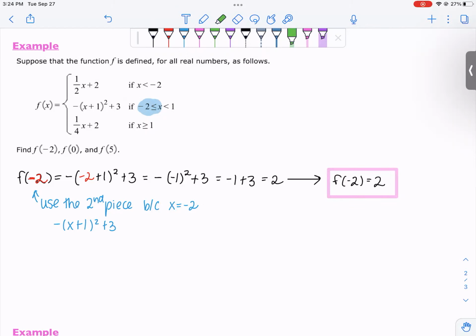All right. For f of 0, the x value 0 falls between -2 and 1. So we're going to use the second piece again.